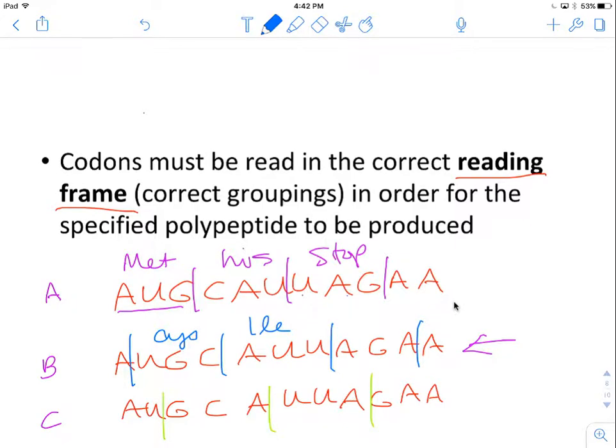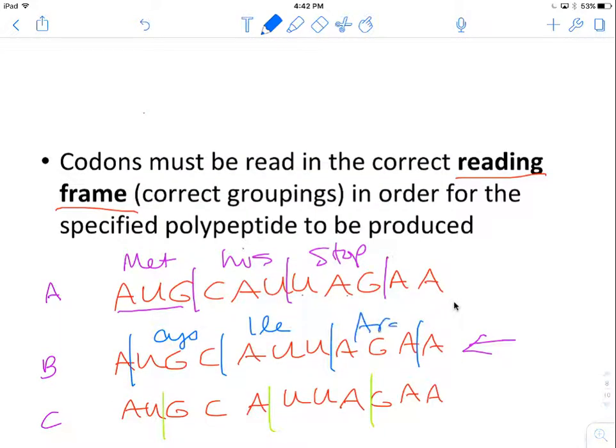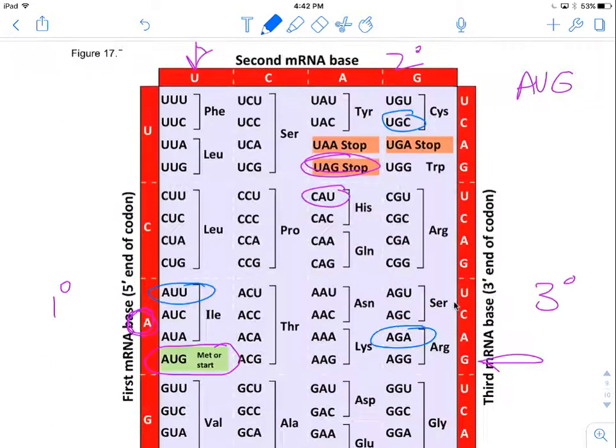And then AGA is arginine. So just by shifting the codons by one base, you get two completely different sequences of amino acids. So you have to have them in the correct reading frame.